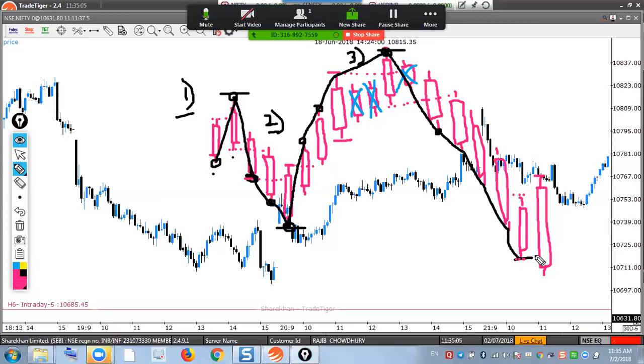To understand that, we need to go in-depth into price action scenarios. Right now is not the right time to tell you those things. I can explain them, but this will only confuse you more.